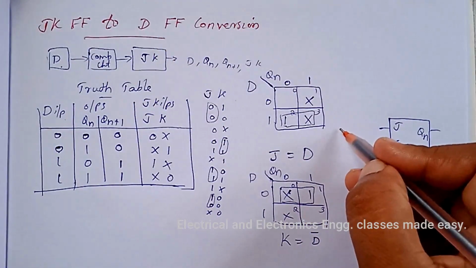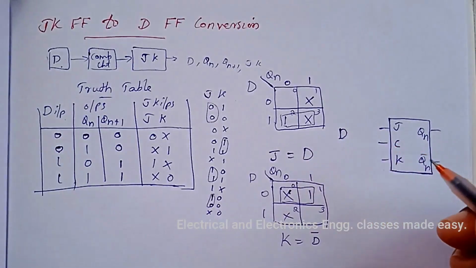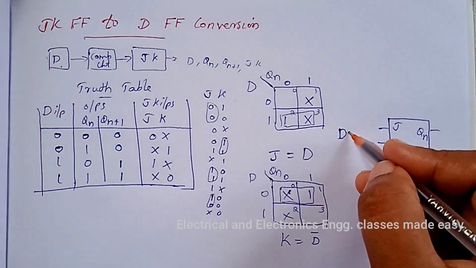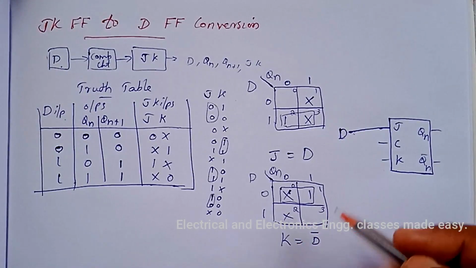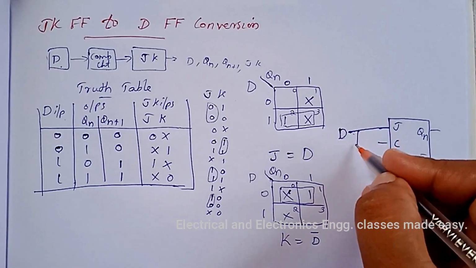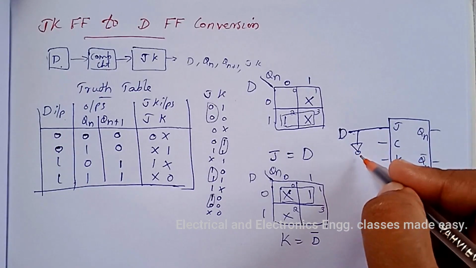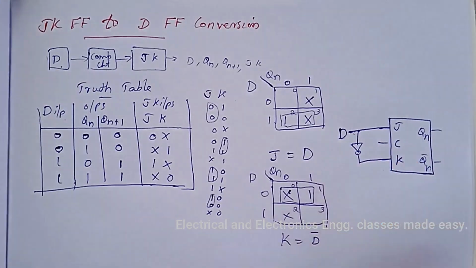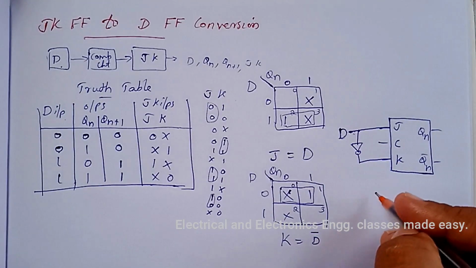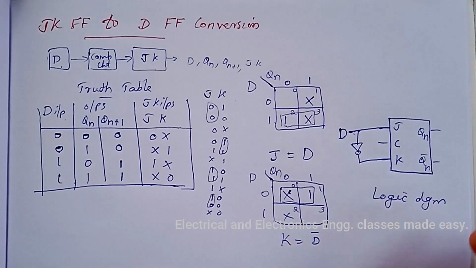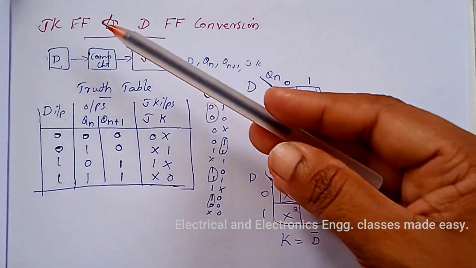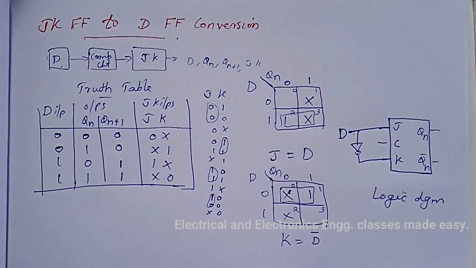So D input, then J equal to D. Next is K equal to D bar. That is here one inverter or NOT gate to K. So this is the logic diagram for the JK flip-flop to D flip-flop conversion.